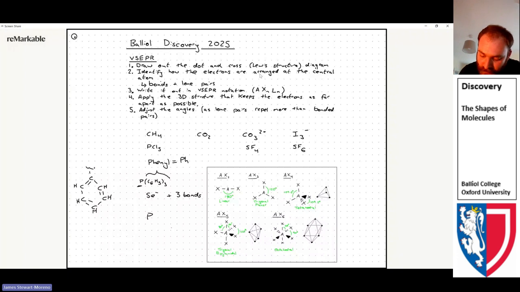So for the sake of this example, I'm going to put in 3 Ph groups that each have 1 electron that they want to share with the phosphorus. This phosphorus center is then going to complete that bond with each one of these.